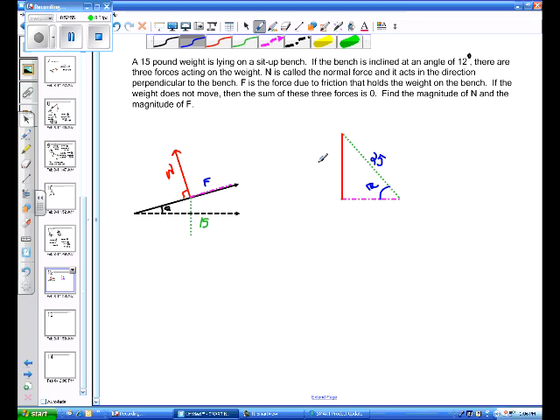So what we want to find is what the norm is and what our friction is, what forces they're using upon this. So the norm would be the opposite over the hypotenuse. Opposite and hypotenuse is sine. So the sine of 12 is equal to the opposite over the hypotenuse.